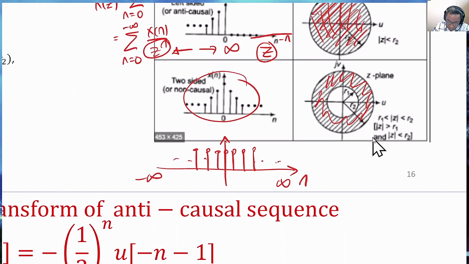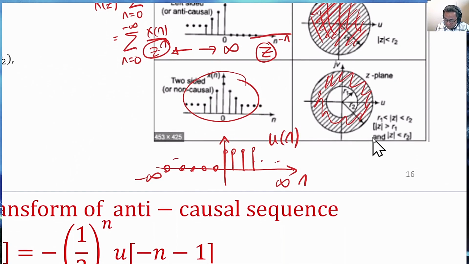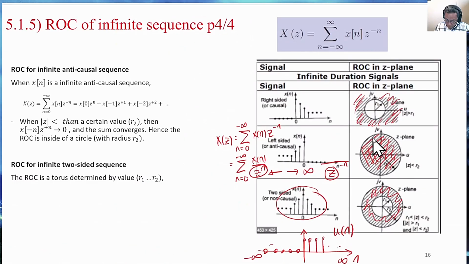However, of course, in most practical cases, we are ignoring the anti-causal part and saying that when n is less than 0, we are examining whether this signal, which is the step function, is Z transformable or not. And in this case, of course, it exists.